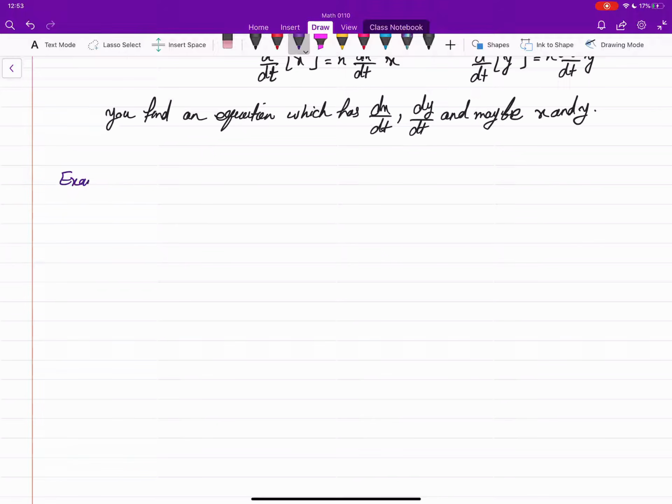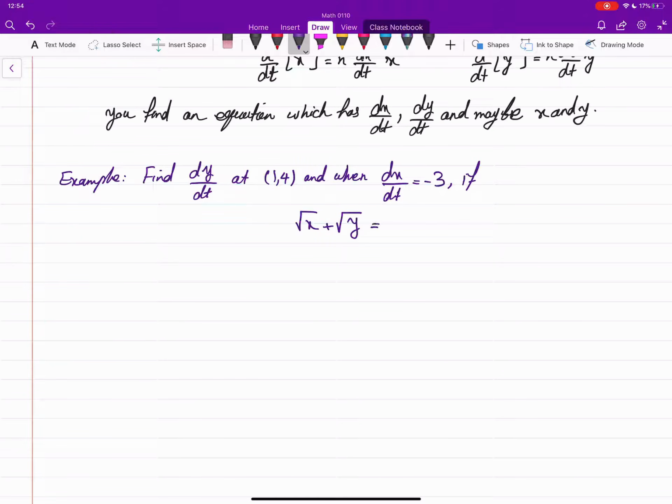Example: Find dy dt at (1, 4), when dx dt is -3, if it is given that root x plus root y is equal to 3.